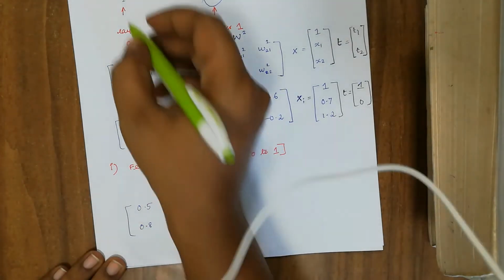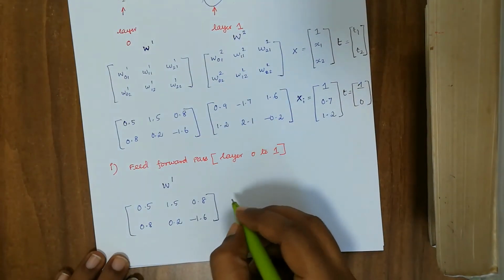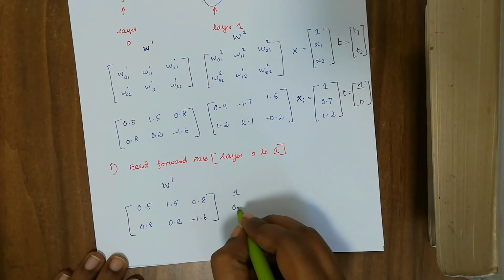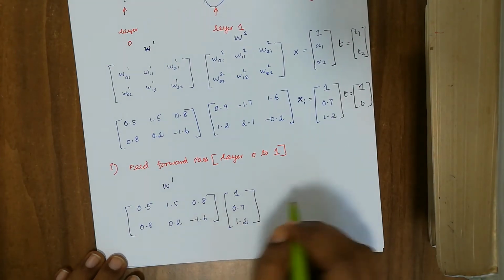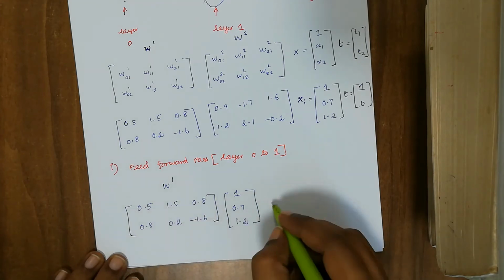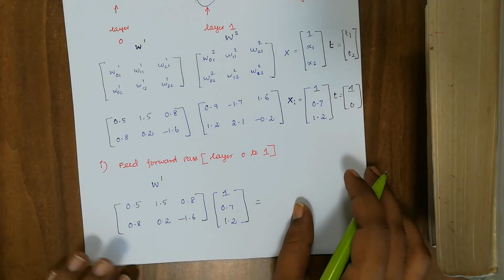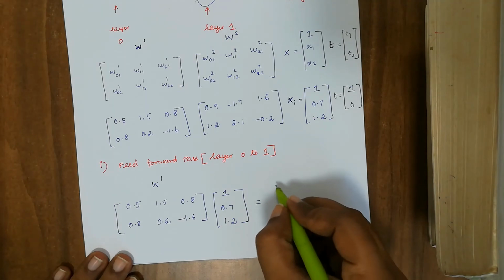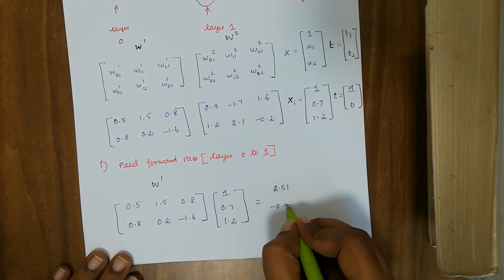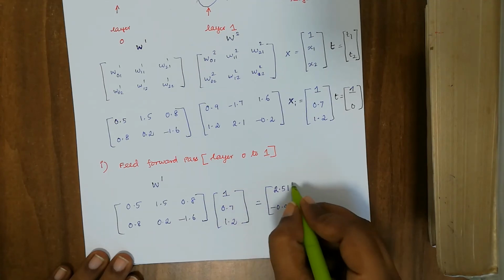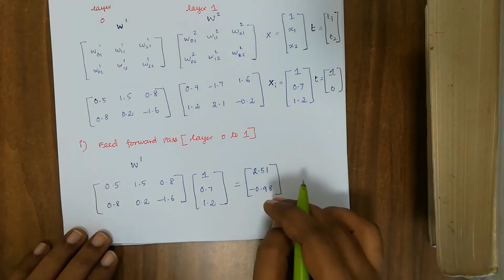This along with its x values 1, 0.7 and then 1.2. Okay, when we take this matrix, what we may get is that our actual output is 2.5 and then minus 9.38. Okay, this is the value that we will get.